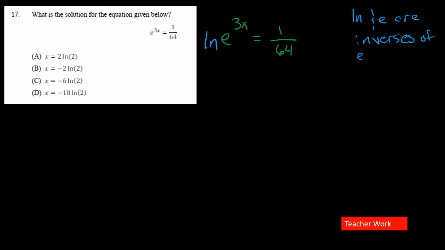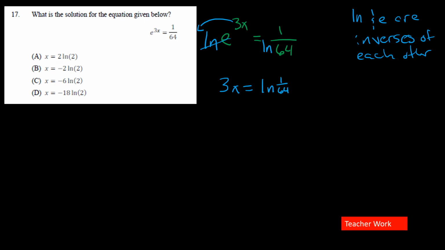of each other. In other words, when they multiply with each other, they're going to equal 1 here. And what I do to one side, I do to the other. And this allows me to bring down this 3x. So these simplify out, so I'm left with 3x equals the ln of 1 over 64.